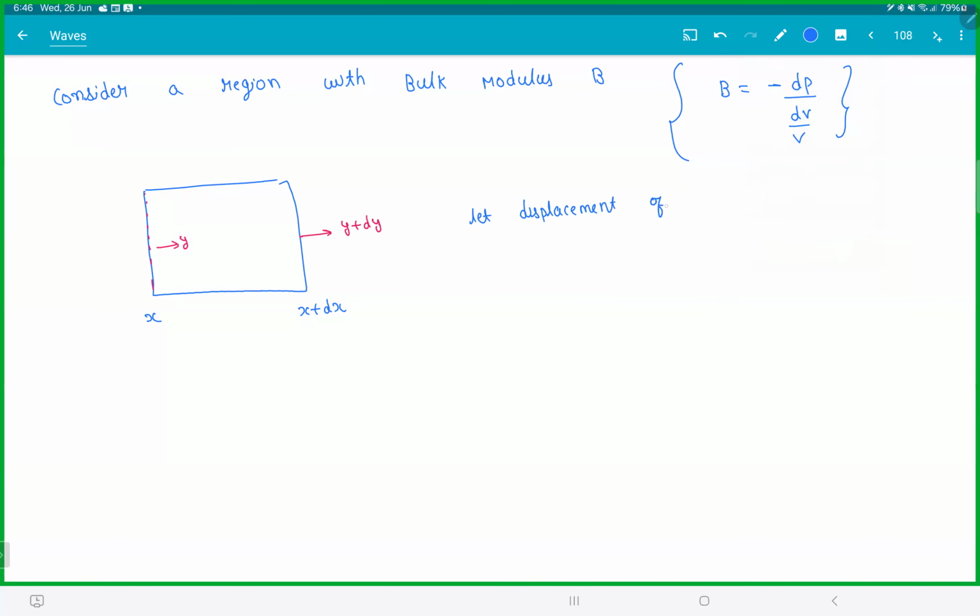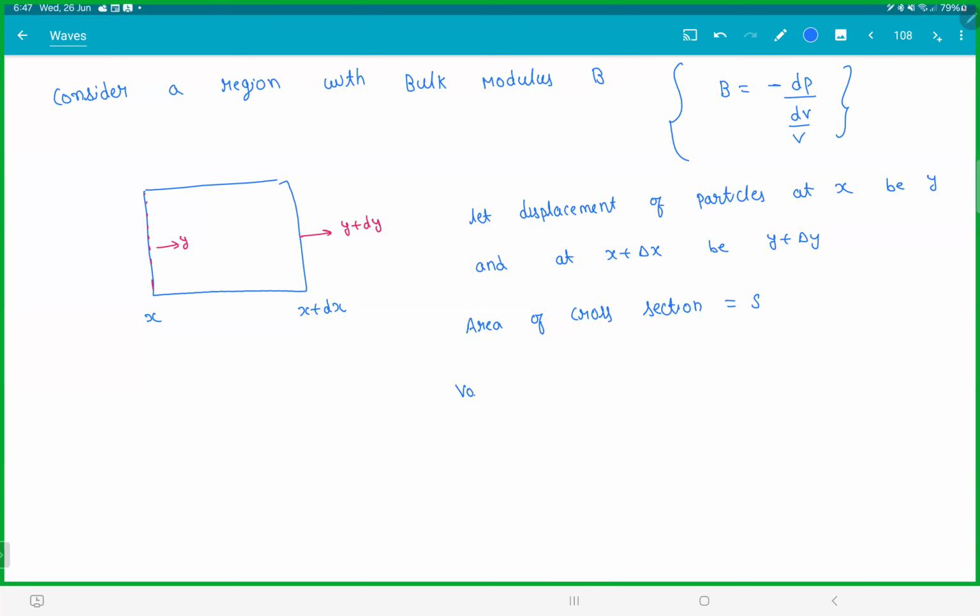So the displacement of particles at x is y, and at x plus delta x is y plus delta y. And let the area of cross section be S, because we're already using A for amplitude.